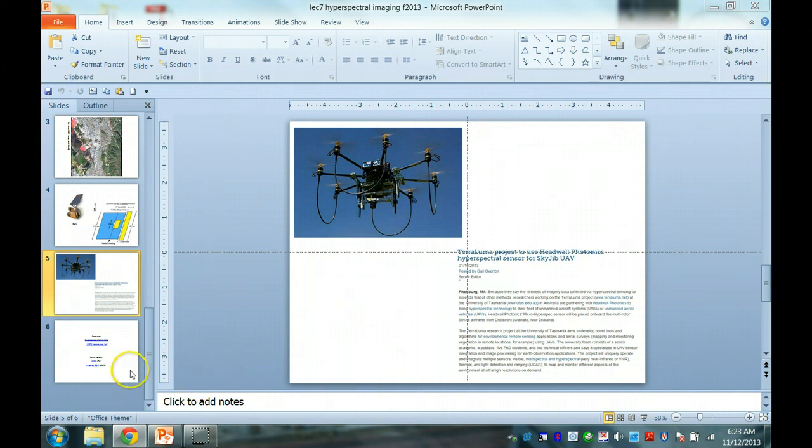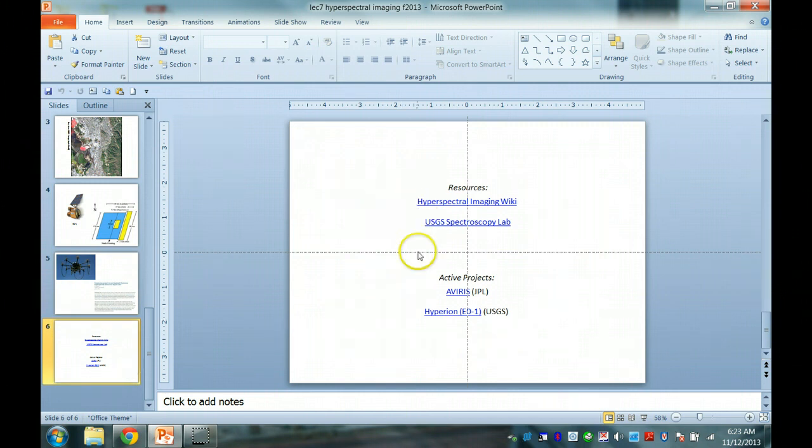So if you want to learn some more about these things, take a look at the links on this page, and there's a link to a hyperspectral imaging wiki, which is pretty useful.